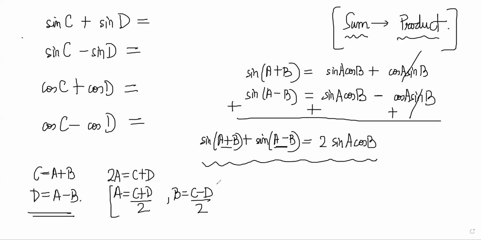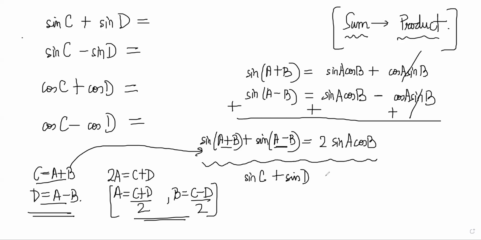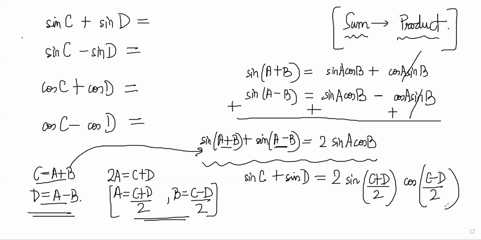Putting this in the result, you will get sin C plus sin D is equal to 2 sin of (C plus D) by 2 cos of (C minus D) by 2. So now we have derived our formula for how to convert a sum to a product.